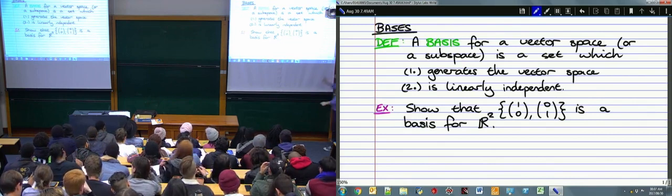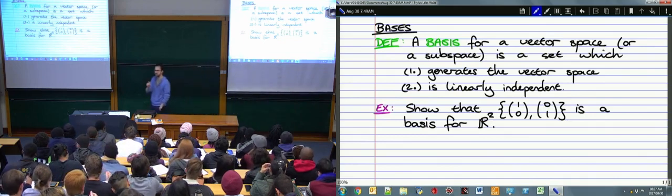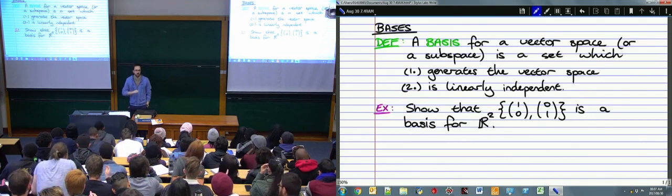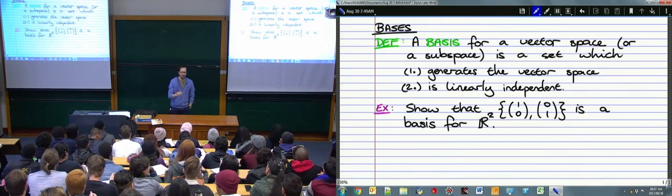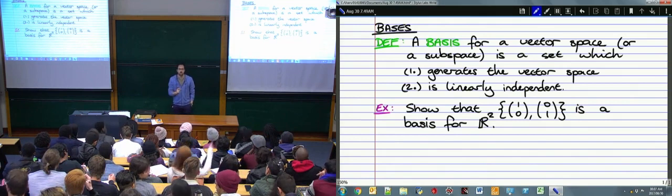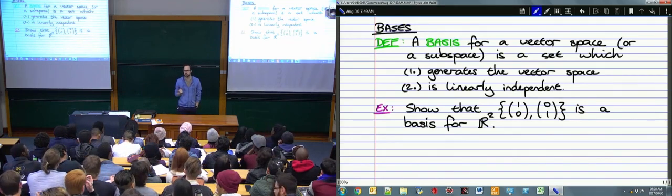I want to show that this is a basis for R2. The first thing we have to show is that this set generates the whole of R2. Another way of saying that is that if I take an arbitrary vector (x, y) in R2, I should be able to write it as a linear combination of those two vectors.